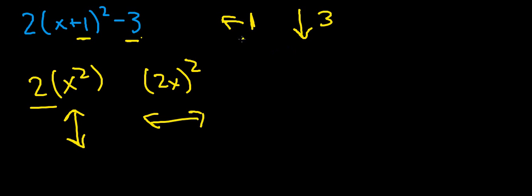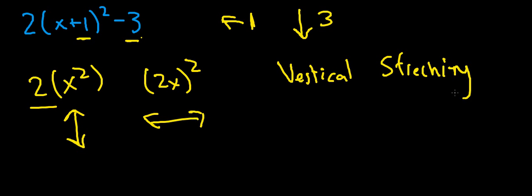So we have a shift to the left by 1, a downward shift by 3, and we have a vertical stretching of 2. So twice as much y. So let's graph this. Again, let's rewrite everything down here so it's clearly visible.